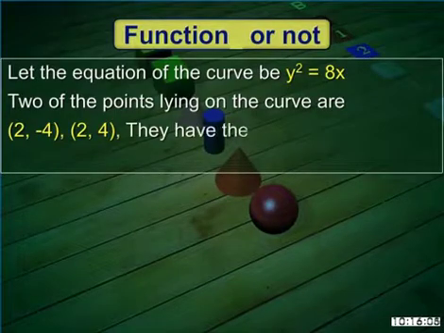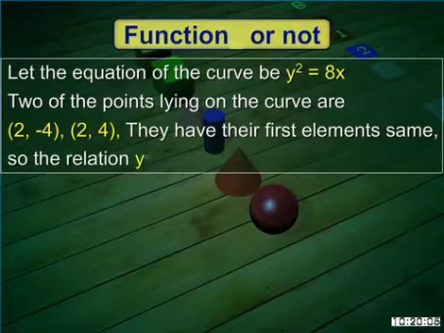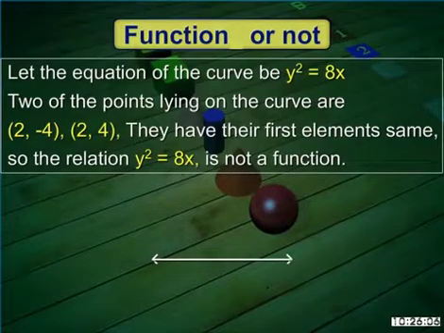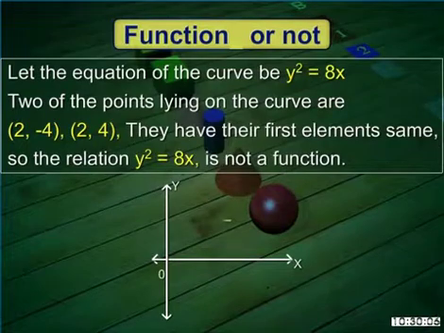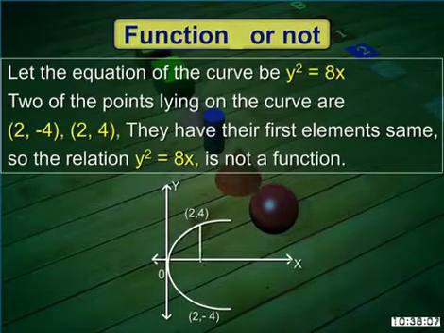They have their first element the same, so the relation y square equal to 8x is not a function. Again, when we join the points (2, -4) and (2, 4), we get a line parallel to the y-axis, that is, a vertical line. Thus, if a vertical line can be drawn intersecting the graph in more than one point, then it's not a function.